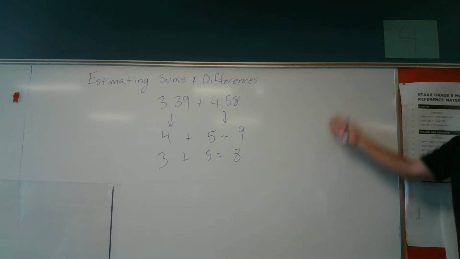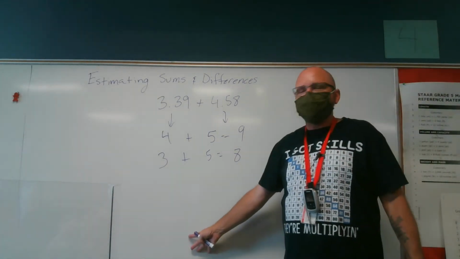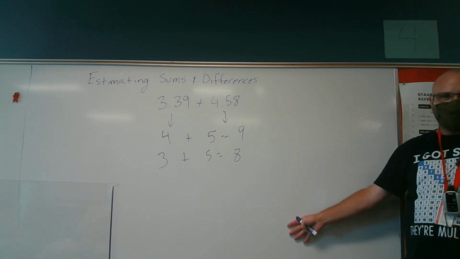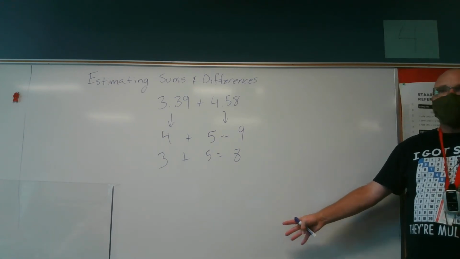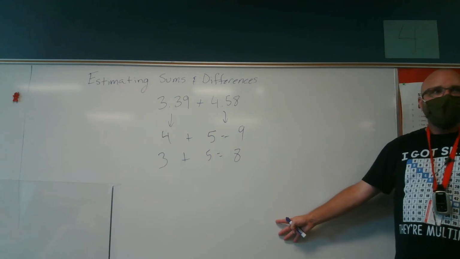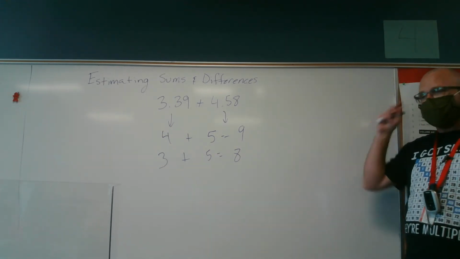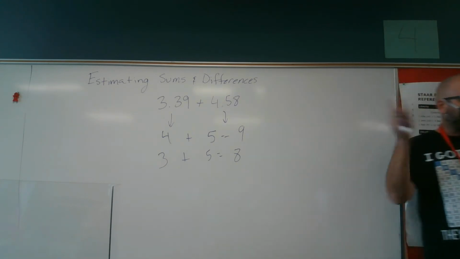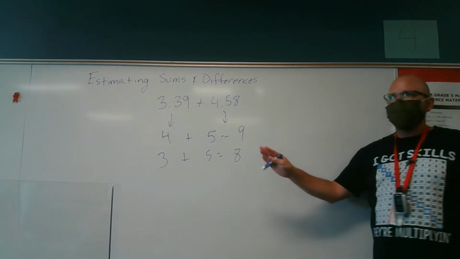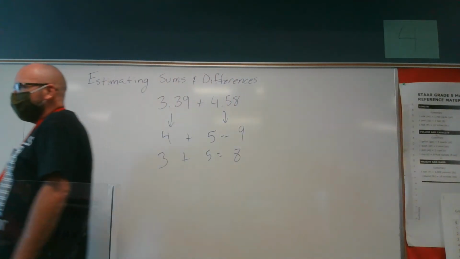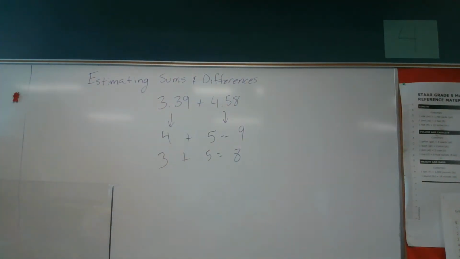Now when we do the actual math, if we get an answer of 67, we know we've done something wrong. But if we get an answer of 67, and then you look at your answer and go, oh, that's about 70, and put your answer at 70, that estimating does not help you at all. Estimating must be done before you do the problem.